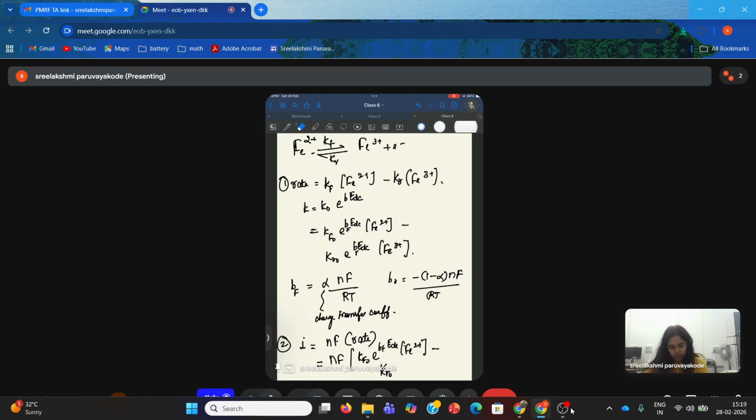There's a difference between this small k and this large K, so I should be careful while writing that. This small k actually, so kr e to the power br E... So this becomes a rate.